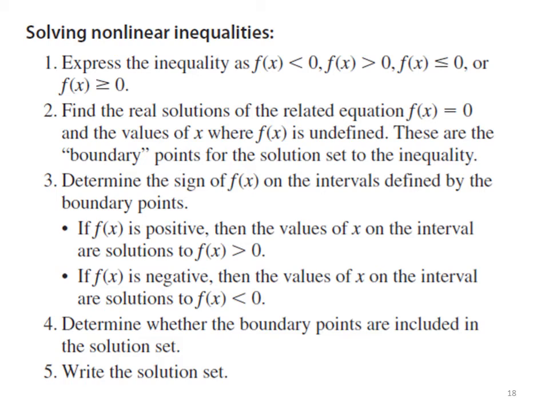But you still have to check the boundary points to see if they can be included in the solution set or not. In the last step, you can write the solution. The steps, like many things we do, just reading the steps may not be very clear. All these steps will be clear when we do an example, which we will do in the next slide.